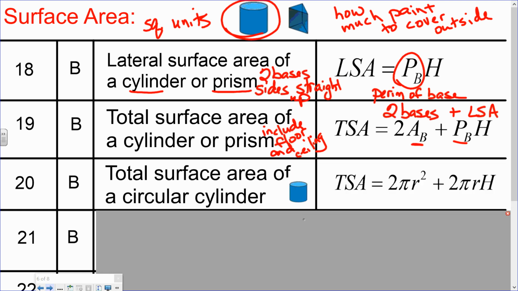So we could just plug that in: the area of the base, the area of the circle, is pi r squared, so that times 2, plus the perimeter of the base, the circumference, which is 2 pi r, so we just plug that in. It's not a new formula to memorize, it's just plugging in what we already know. So those are all ones that have two bases.